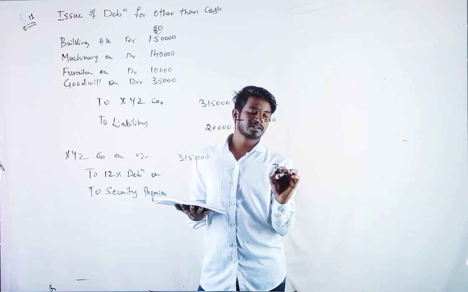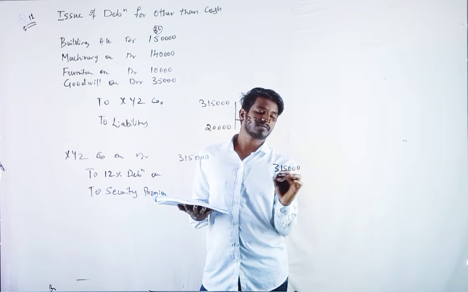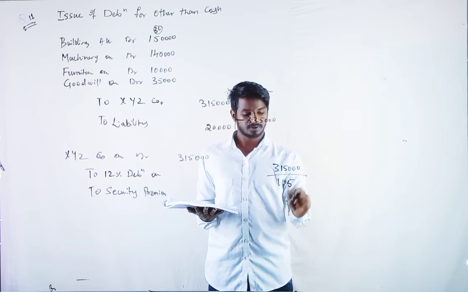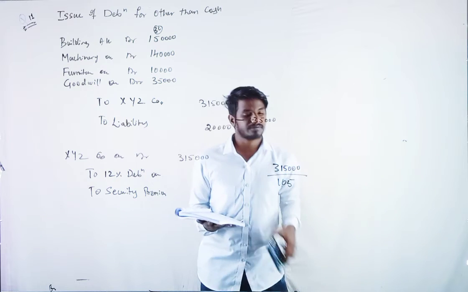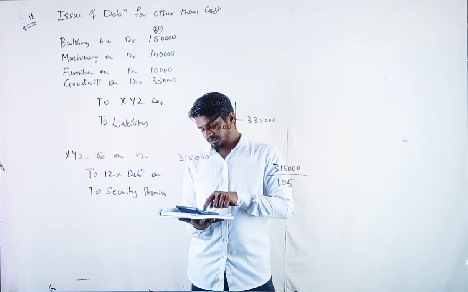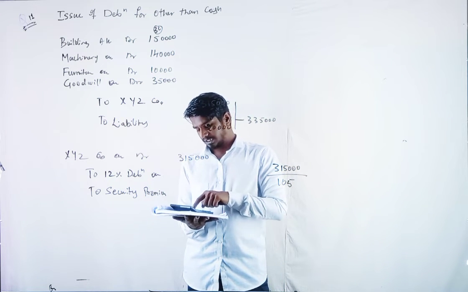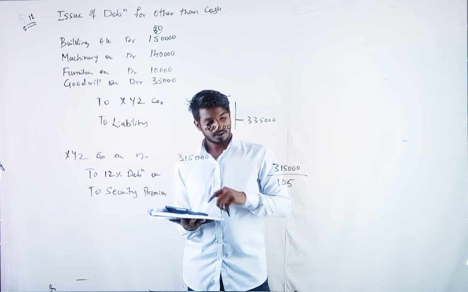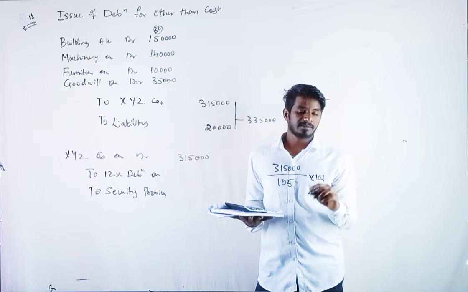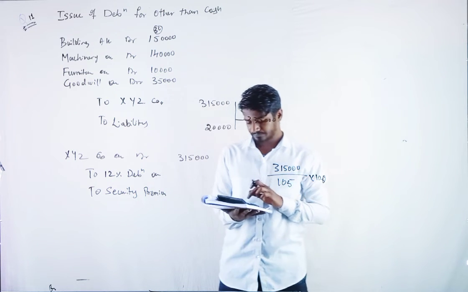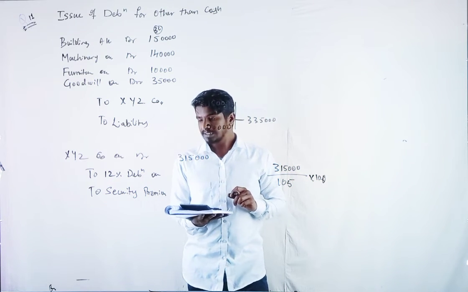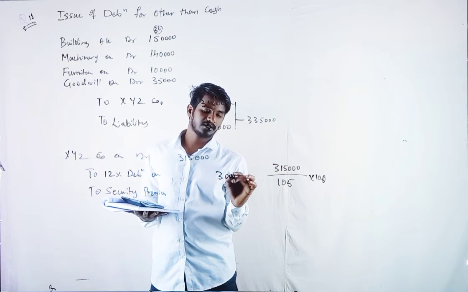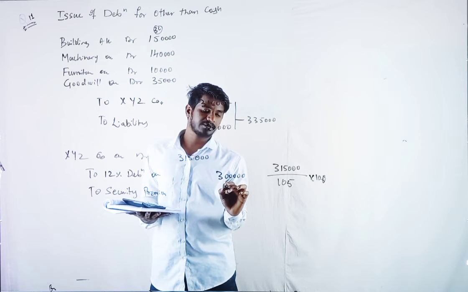How will we calculate? 3,15,000 divided by 105, with the premium, right? If we divide 3,15,000 by 105 and multiply with the face value 100, 3 lakh goes to the debenture account, and the remaining 15,000 will be security premium.